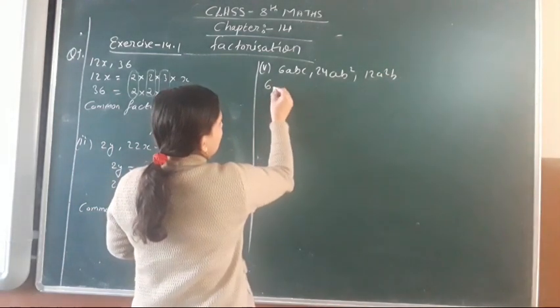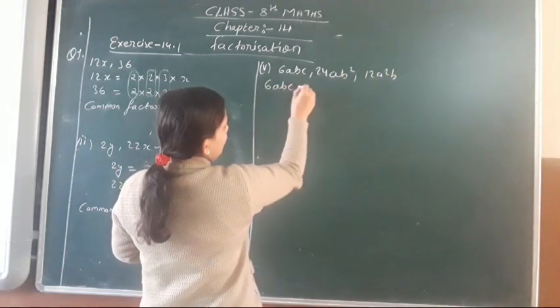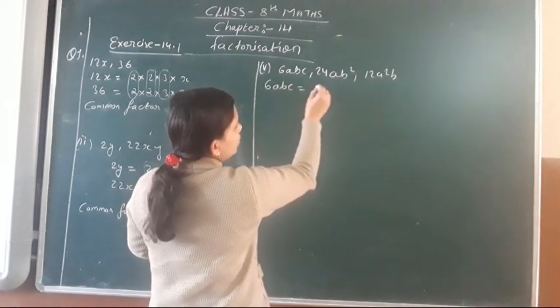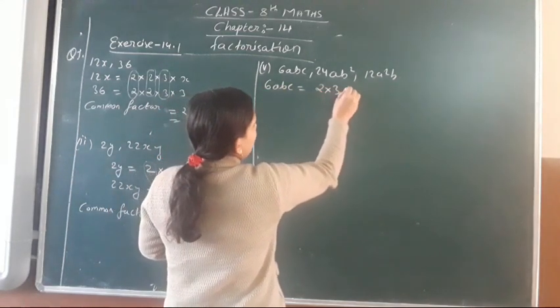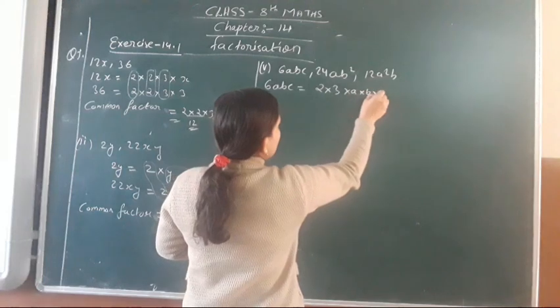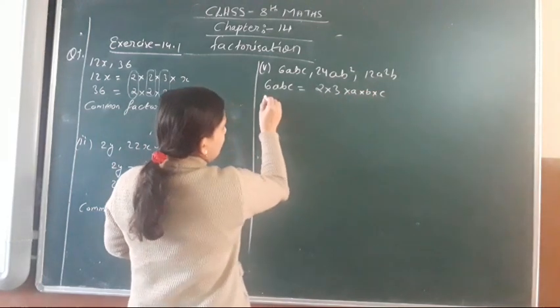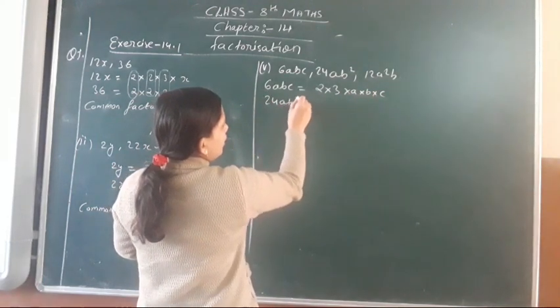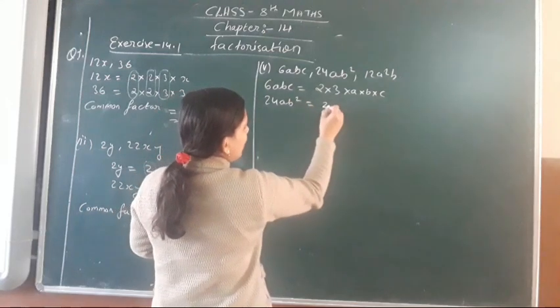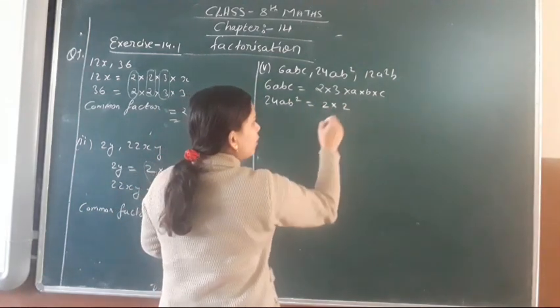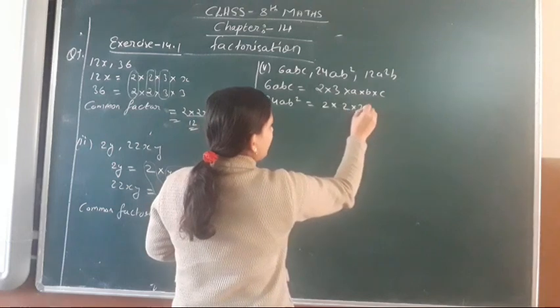Okay, so what are the factors of 6abc? So 6 का LCM निकालेगा तो क्या होगा? 2 into 3 into a into b into c. This is the factors, isn't it? 24ab square: in the table of 2, 24 comes 12 times. Then 12 comes again in the table of 2, how many times? 6 times, then 3 times.